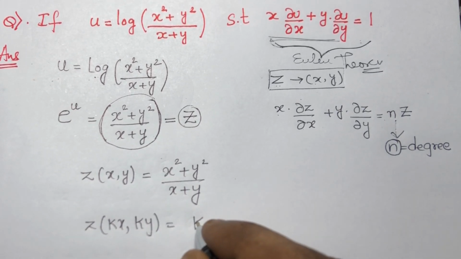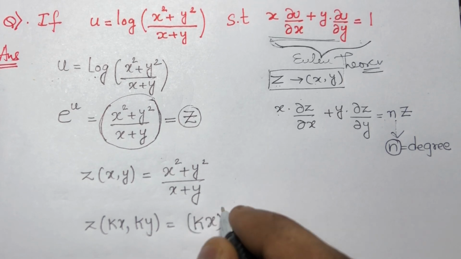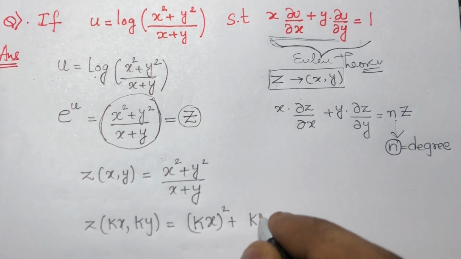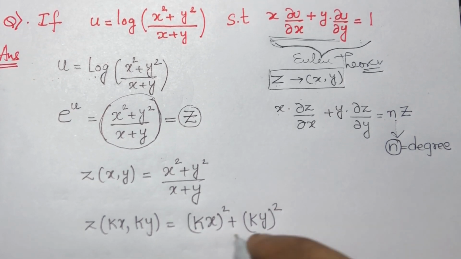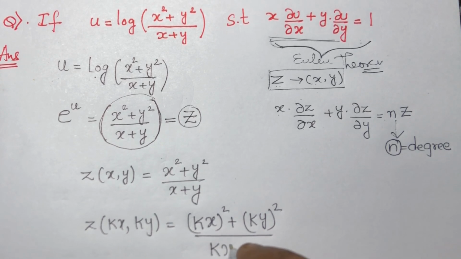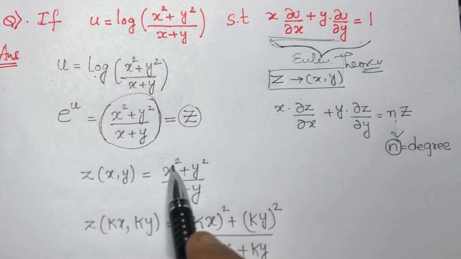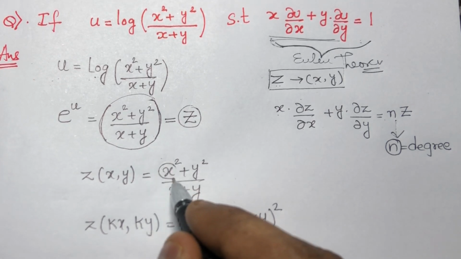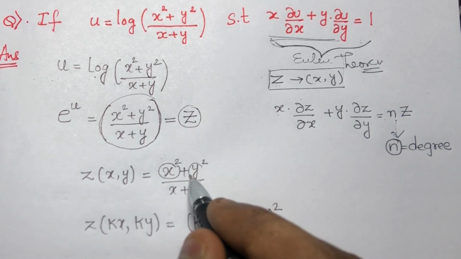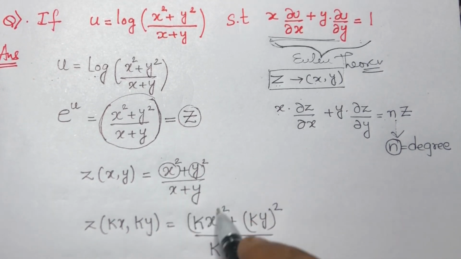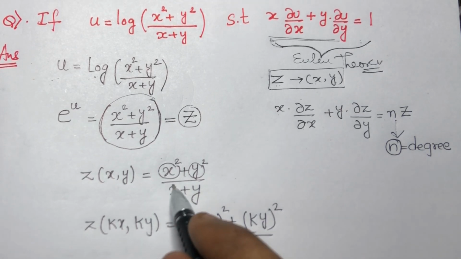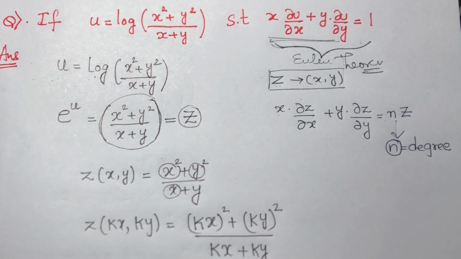It will become (kx) whole square plus (ky) whole square by (kx plus ky). So this step is very important. In the place of x, I am keeping kx. In the place of y, I am keeping ky, squared, and x is kx now and y is ky now.